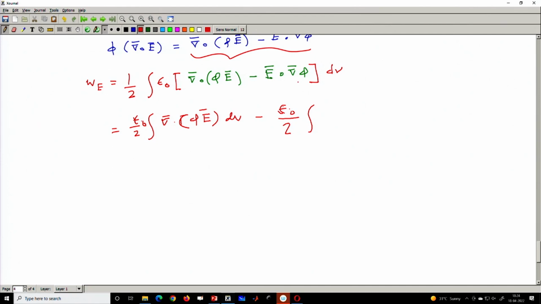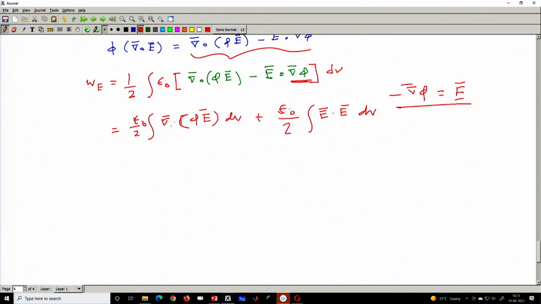Here I have E dot the gradient of phi. The minus of the gradient of phi is the electric field, so if I put that, I should have a plus sign and simply E dot E with dV.